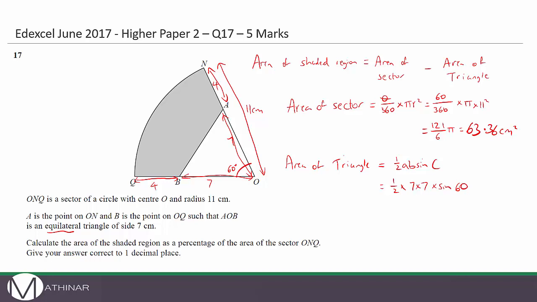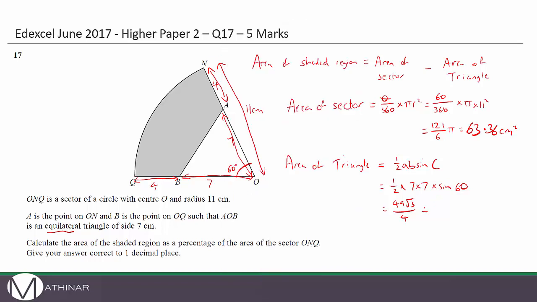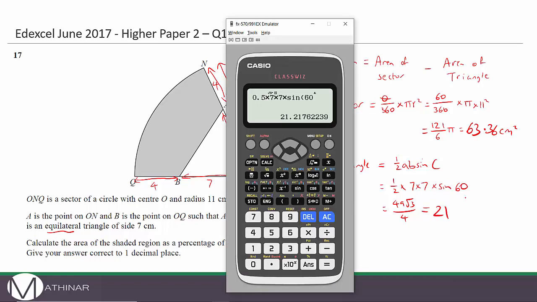So sine 60 is root 3 over 2 times a half is root 3 over 4 times 7 times 7, which is 49 root 3 over 4. 0.5 times 7 times 7 times sin 60, which is 49 root 3 over 4, which as a decimal is 21.22.